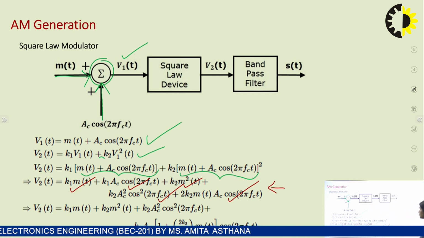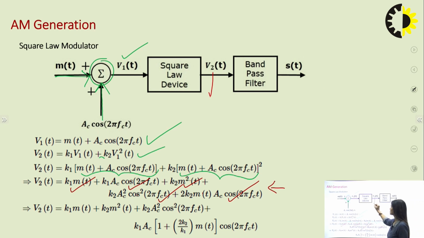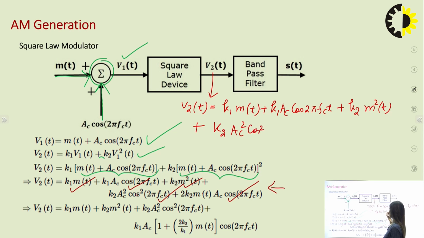Now I would like to write this V2(t) using the cos square 2 pi FC t formula, so we can add it like this, using the cos 2 theta formula if you want, otherwise you can leave it.